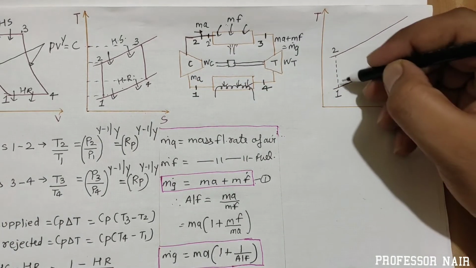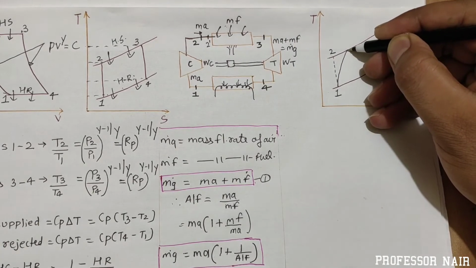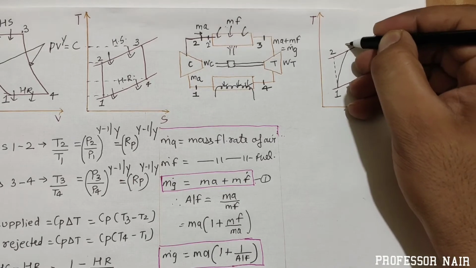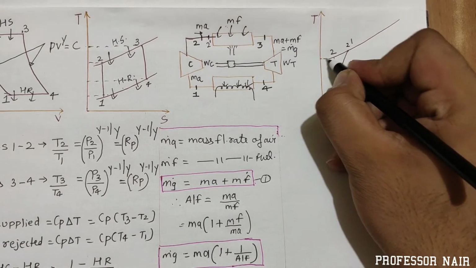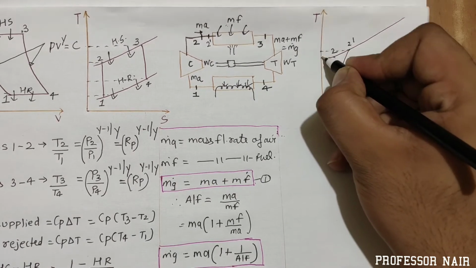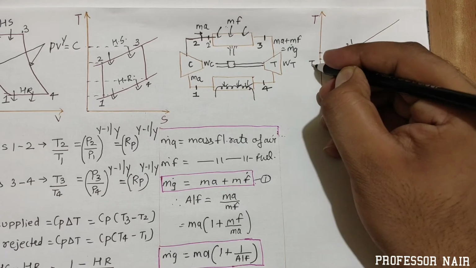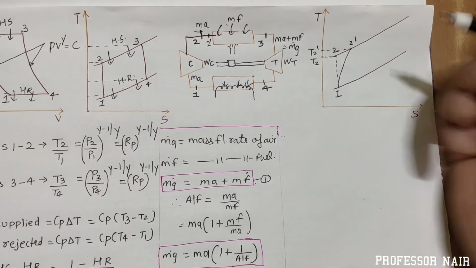So the 2 dash point will shift here. So this is T2, and here T2 dash has increased. So I will write here temperature as T2, and here T2 dash.